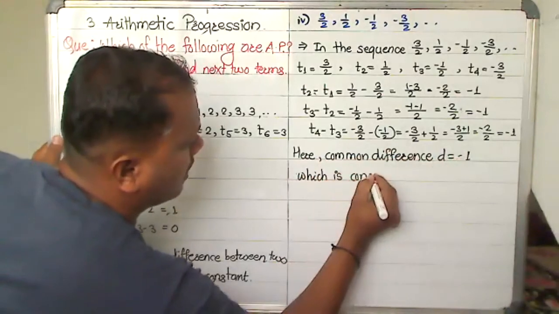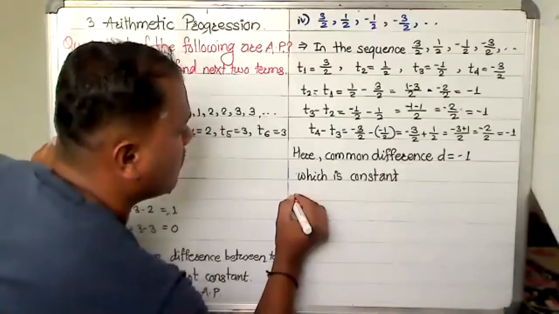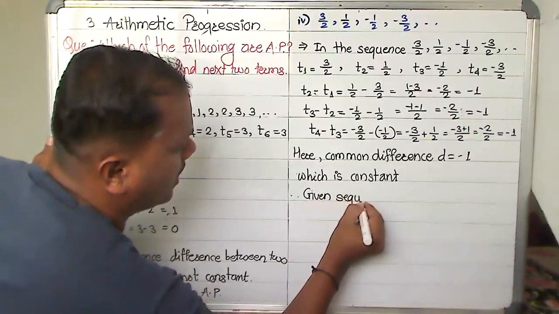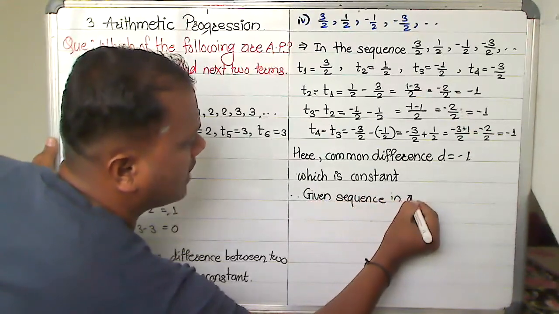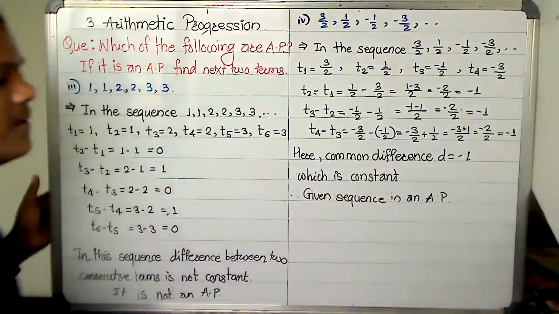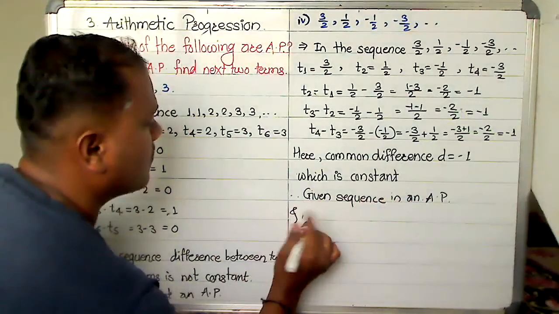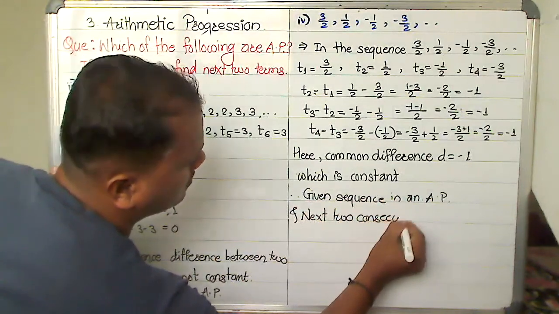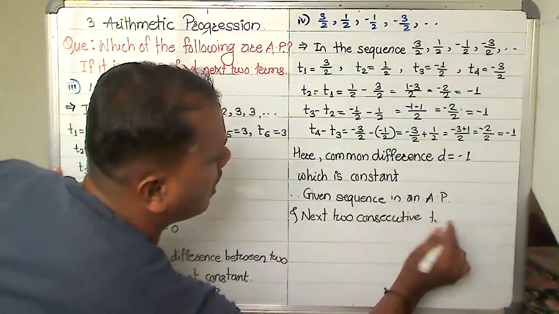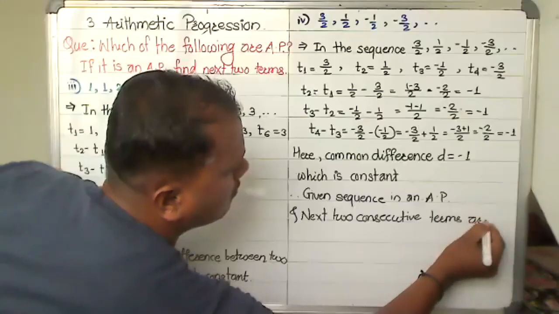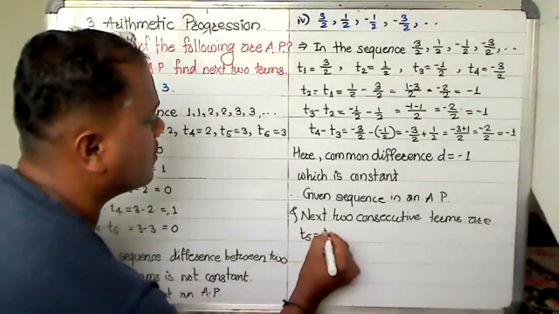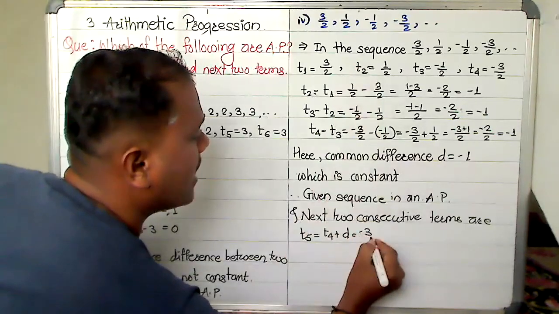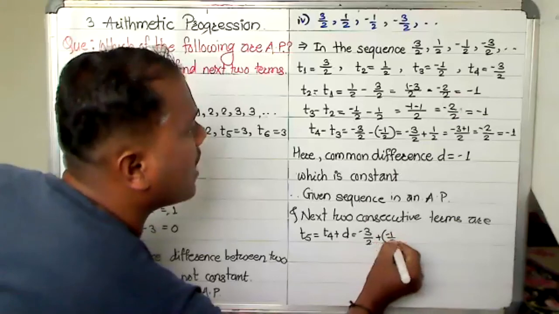Therefore the given sequence is an AP, and the next two consecutive terms are: T5 is equal to T4 plus D. So the value of T4 is minus 3/2 plus the value of D, which is minus 1.